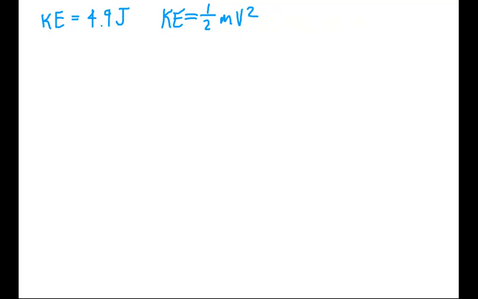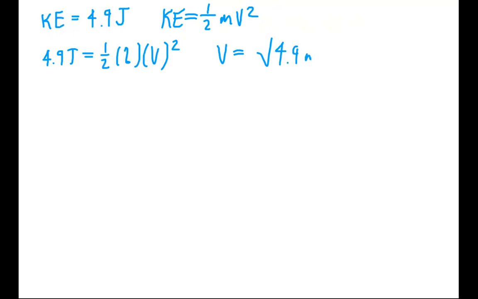So we have 4.9 joules equals 1/2 times mass 2 kilograms times a velocity squared. And when you put that into your calculator, you get that the velocity at the bottom of that ramp is root 4.9 meters per second.